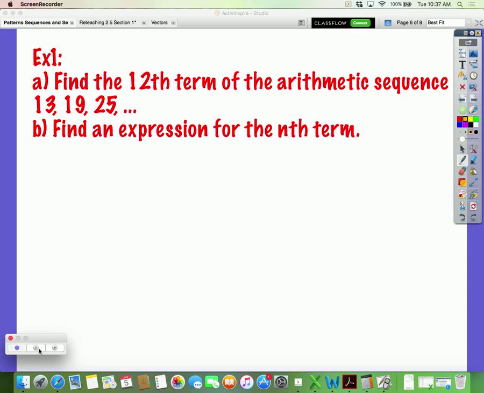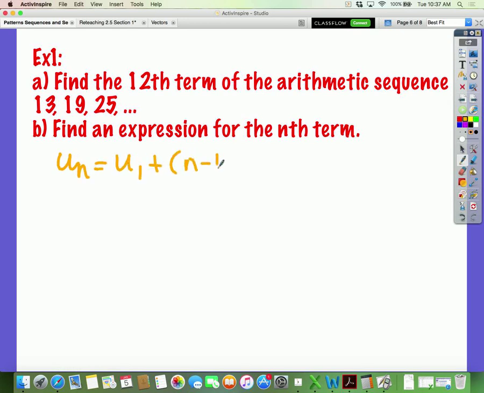So you're not going to sit there and add or subtract the same number until you reach the 12th term, because heaven forbid they decide to give, say, the 27th term or the 51st term or the 102nd term. Then you'd be wasting a lot of time, if you haven't realized time is of the essence in these IB exams. So first, that formula is definitely going to come in handy.